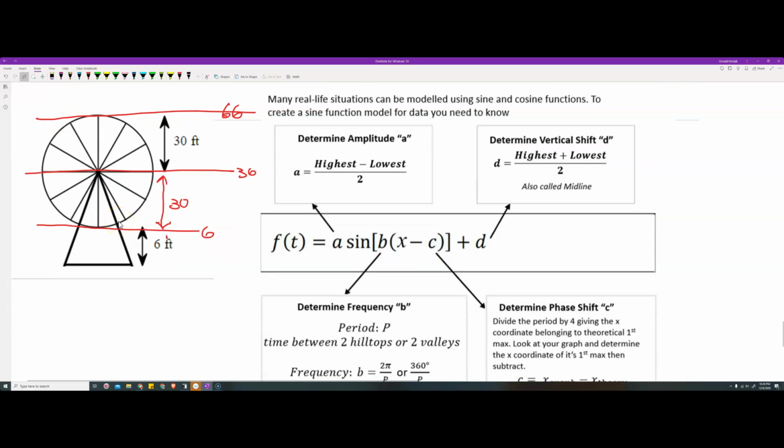All right, so my amplitude is going to be 66 minus 6 divided by 2. So that's 60 divided by 2, which is 30.